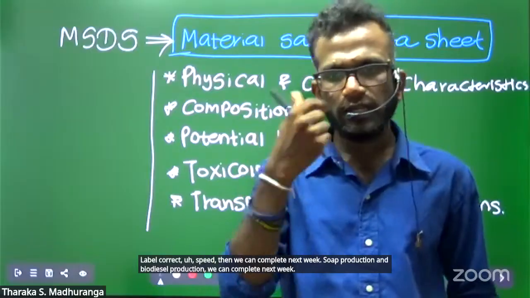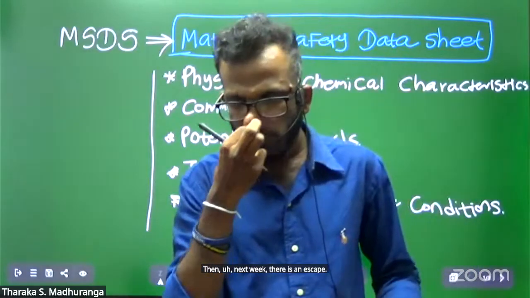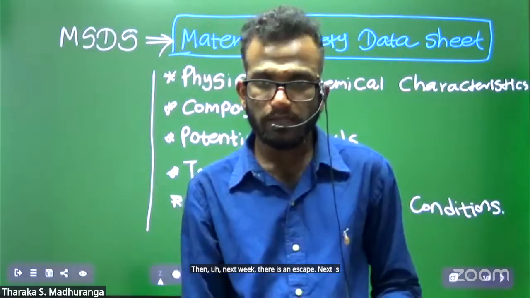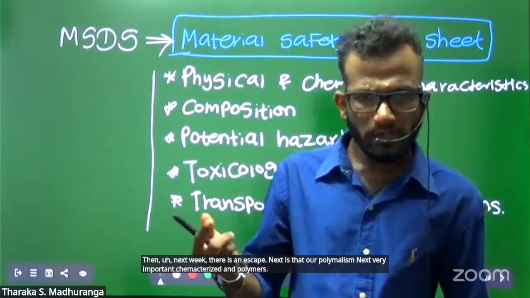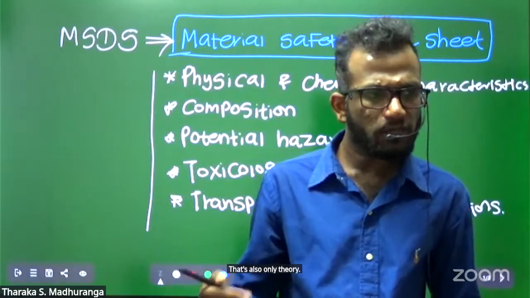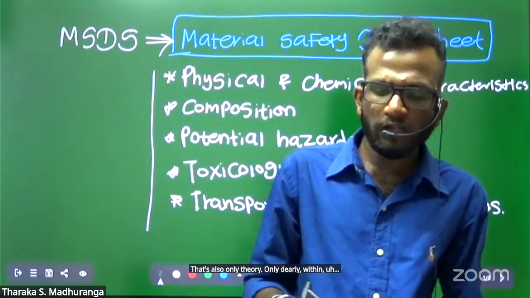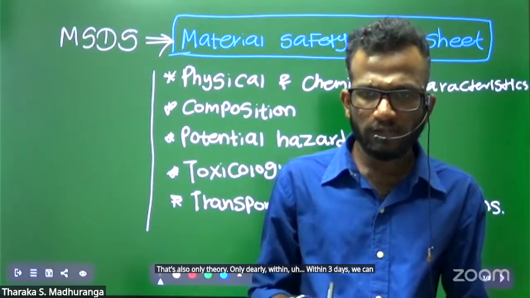Then next week the lesson is complete. Next is our polymer lesson, the next very important chemistry lesson. That's also only theory. Within 3 days we can complete the polymer lesson as well.